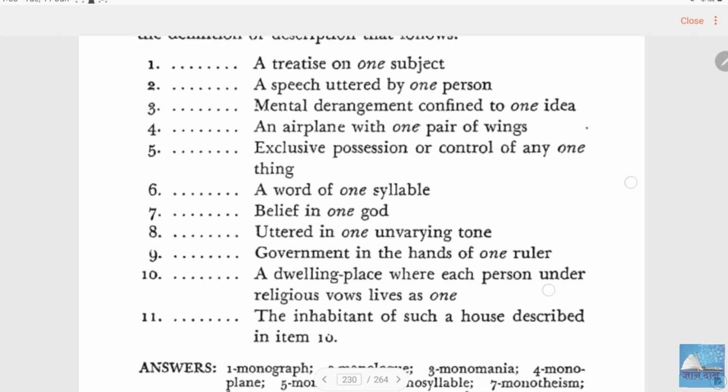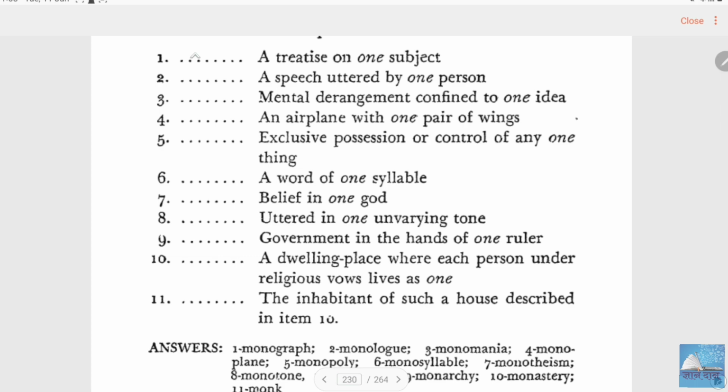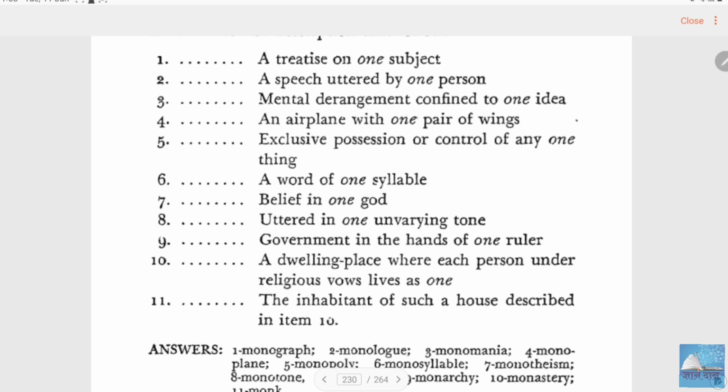Number 1. A treatise on one subject. Monograph. A speech uttered by one person. Monologue. Mental derangement confined to one idea. Monomania.